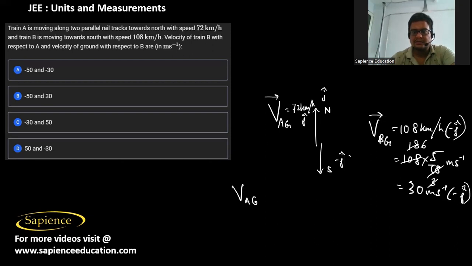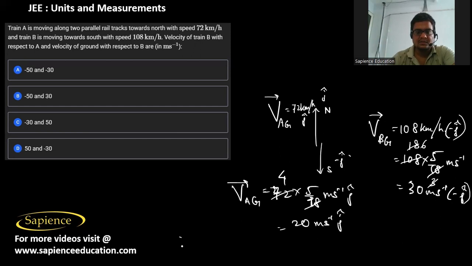And velocity of A with respect to ground will be 72 into 5 by 18 meter per second into j cap, so that is 20 meter per second j cap.